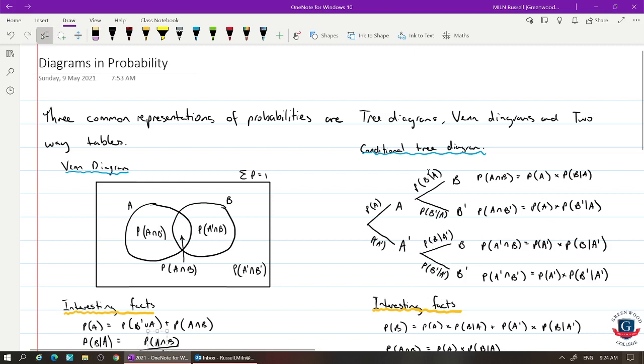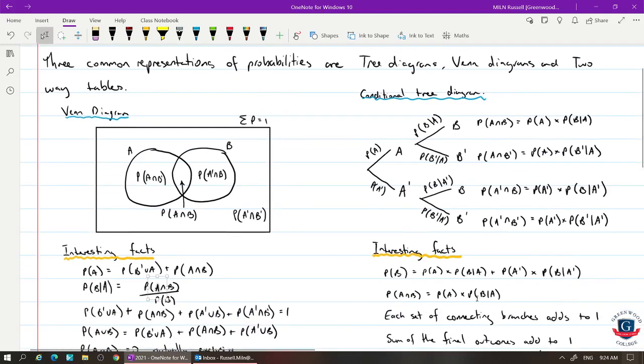And we note that in the second tree, this is the probability of getting B given that A occurred before it, and this is the probability of getting not B given that A occurred before it, designated by those statements there. And to work out the probability, we multiply them together.